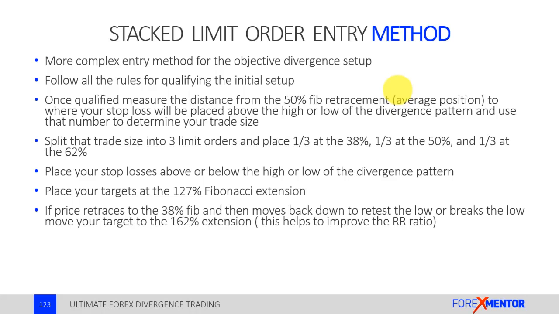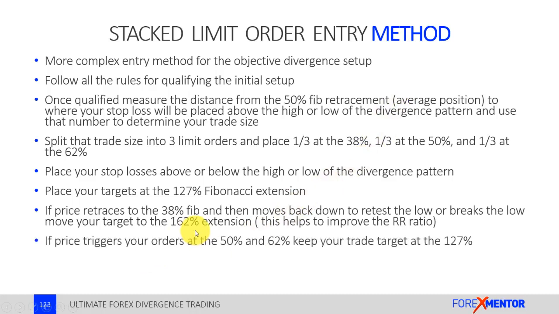So the probability is that if it can only manage a 38% retracement, it's going to move to the 162% extension. Now, if price does trigger your orders at the 50 and 62%, keep your trade target at the 127.